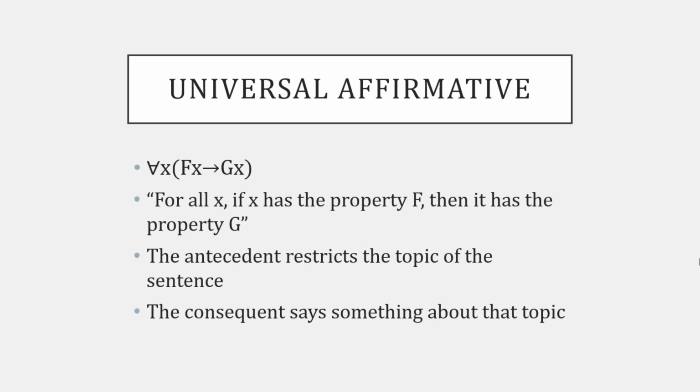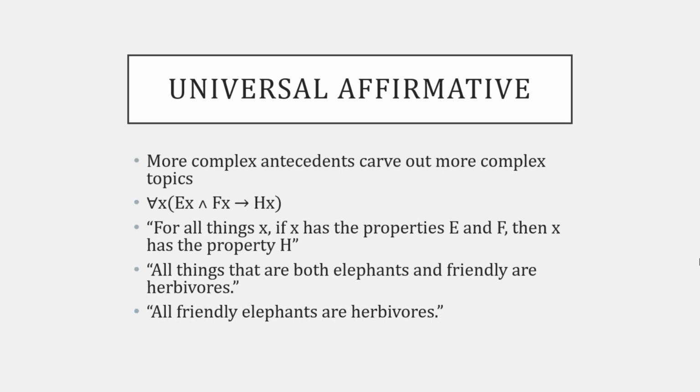Okay? And you can get elaborate with that, right? So you can get more complex antecedents. The more you pack into the antecedent of one of these universal affirmative claims, the more specific you're getting. So for all things x, if x has the properties e and f, then they have the property h.